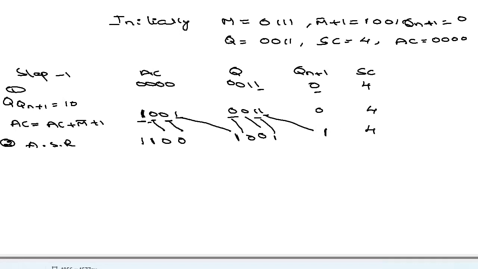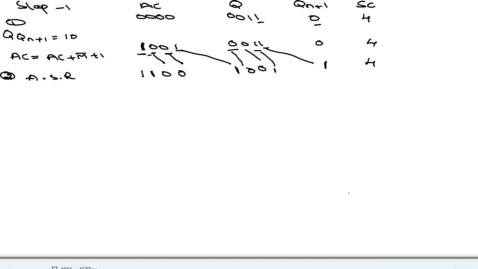After performing the arithmetical shift right, the third step is to decrement the sequence counter value. The sequence counter is 4, so we decrement it: 4 minus 1, so the value is 3.